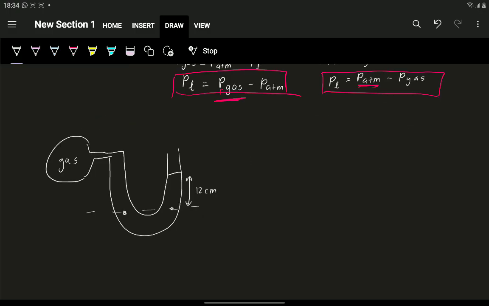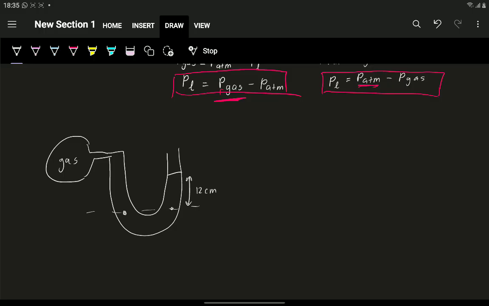Okay, example question. So I have this U-tube with gas supplied. A compressed gas is connected to a mercury manometer. Calculate the difference between gas pressure and the atmospheric pressure in cmHg.